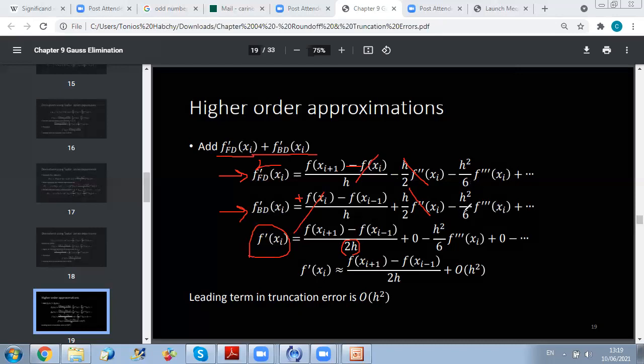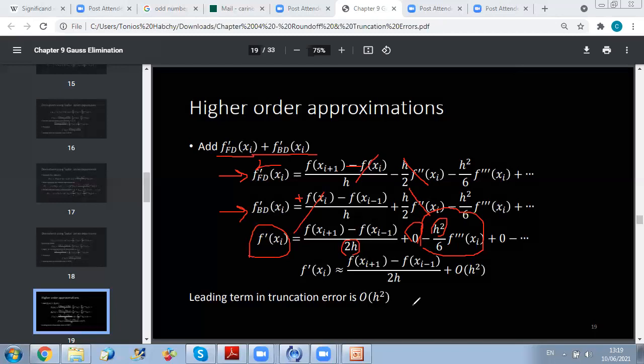So here this term will be 0, and the first term that I will neglect, which is the highest one because it is proportional to h square, will be of order h square. So now my error was reduced, because in the previous schemes, forward and backward, my error was of order h, while in the centered difference scheme, my error is of order h square.